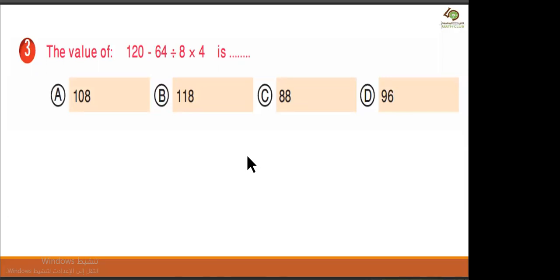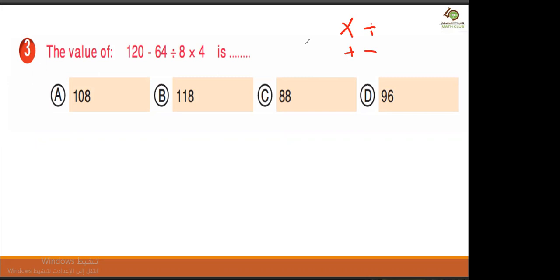You must order the operations. What is the stronger? You start with multiplication and division, then addition and subtraction.